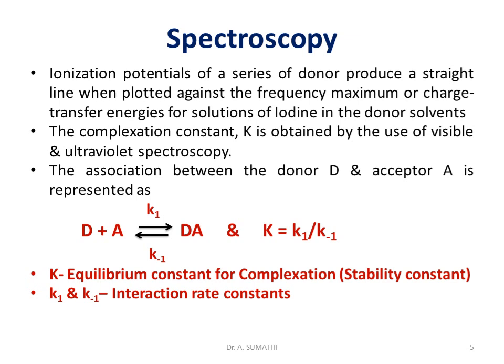If it is a reverse or backward reaction, the rate constant is K minus 1. At last we can write the equilibrium constant K equal to K1 divided by K minus 1. So this is the basic equation for the association between a donor and an acceptor molecule.